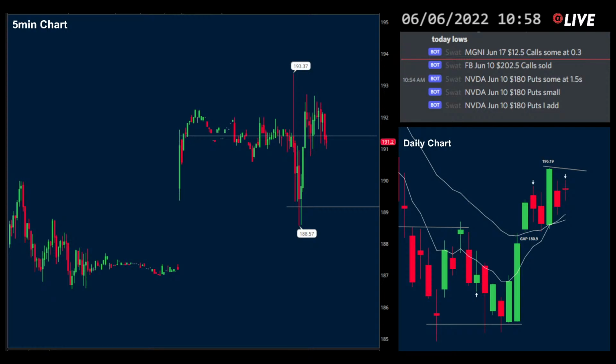AMD weak. Semis were the leaders last week, now lagging.